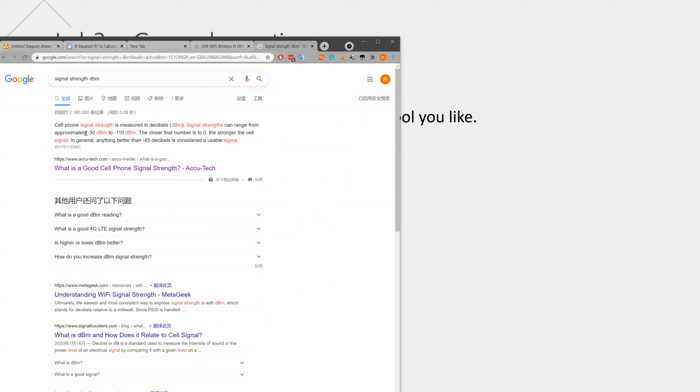You can see the range should always be negative. I think they just omit the negative symbol.